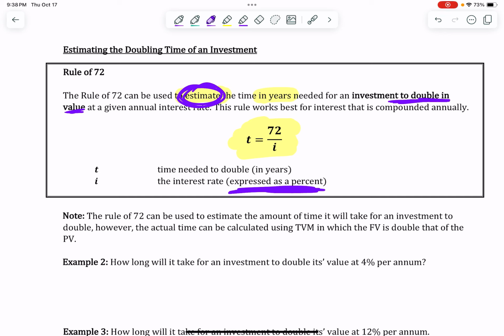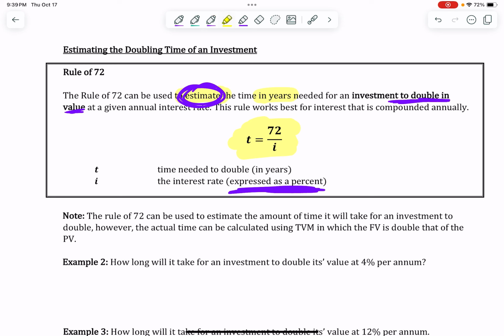If I'm talking about simple interest, I'm just talking about my accumulated amount, my A value, being twice as large as my P value, and then solving for T. If I'm using compound interest, I'm just noticing my FV is 2 times as big as my PV, and I can calculate and figure out the exact value. The Rule of 72 just gives me an approximate.